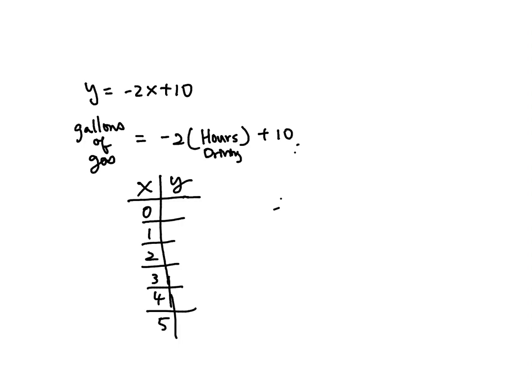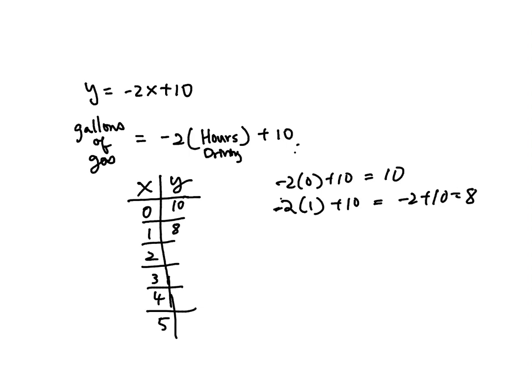If we plug in 0, we get -2 times 0 plus 10, which is 10. If you plug in 1, you get -2 times 1 plus 10, which is 8. If you plug in 2, -2 times 2 plus 10, that's -4 plus 10, which is 6.